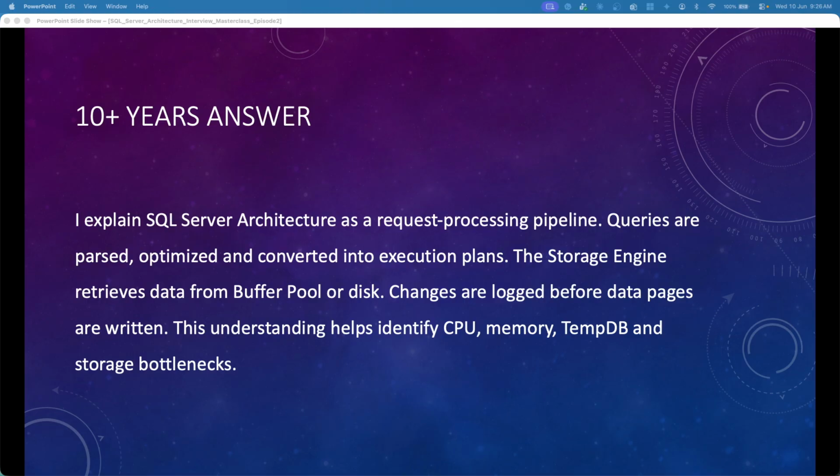So you can say, I explain SQL Server Architecture as a request processing pipeline. Queries are parsed, optimized, and converted into execution plans. The storage engine retrieves the data from buffer pool or disk, and the changes are logged before data pages are written. This understanding helps to identify CPU, memory, TempDB, and storage bottlenecks.